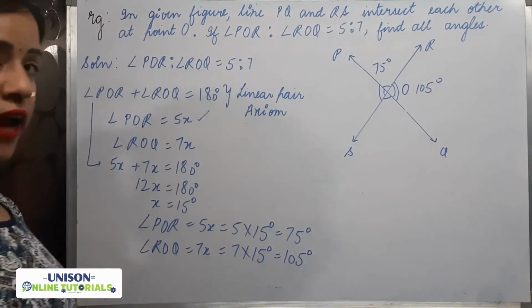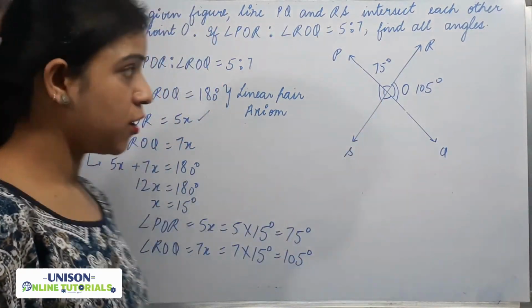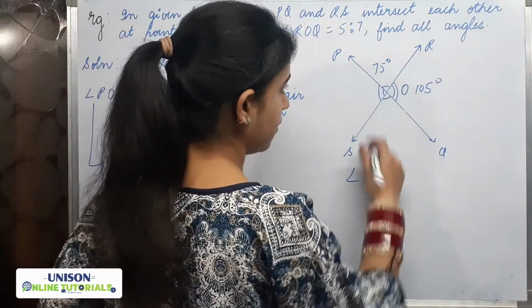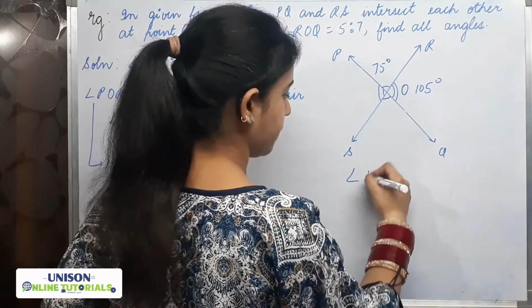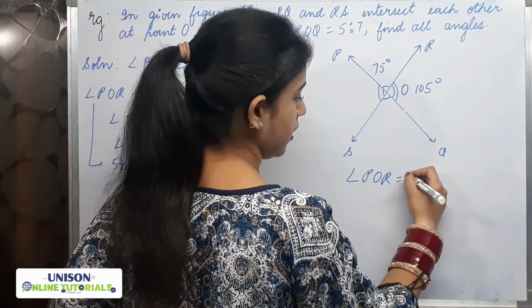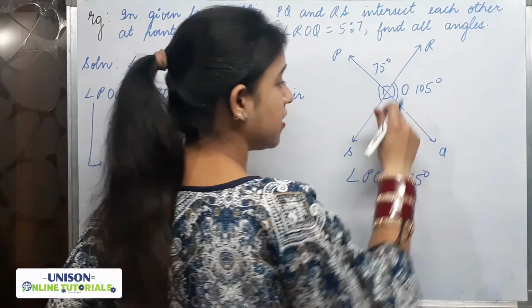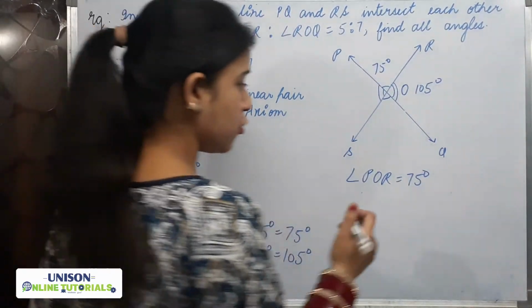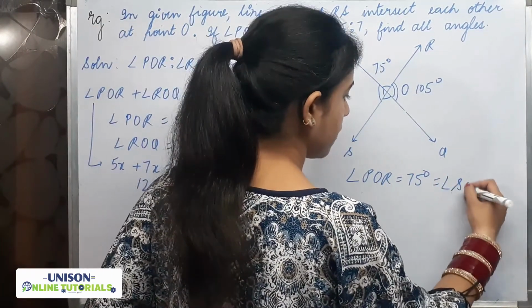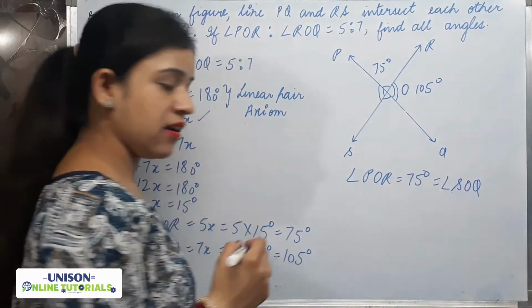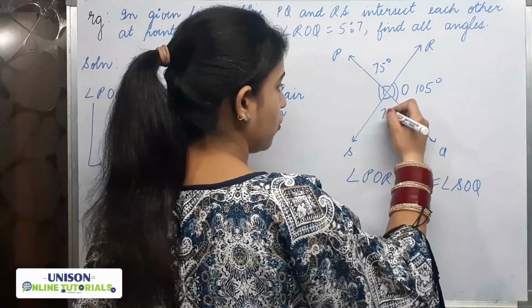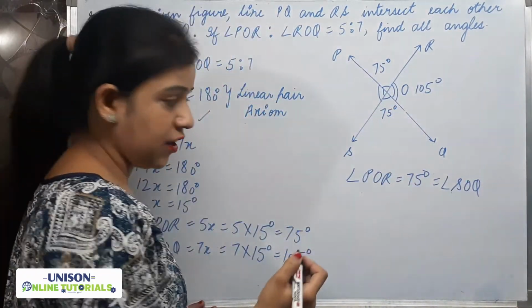Now these two lines intersect at point O. So angle ROP equals 75, and this angle equals angle SOQ. Why? Vertically opposite angles. So SOQ is also equal to 75.